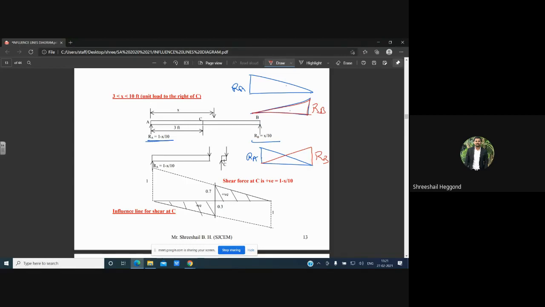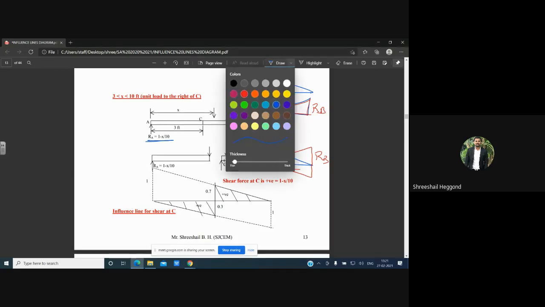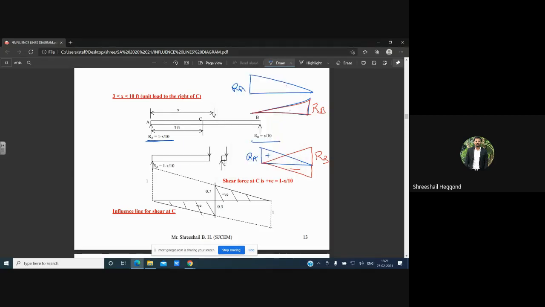Always RB will be considered negative, and RA will be considered positive. Therefore, RB will be given as downward. This is negative, and the blue one is positive.